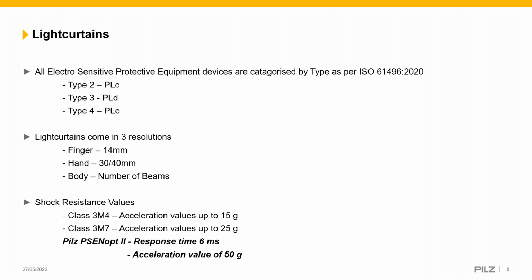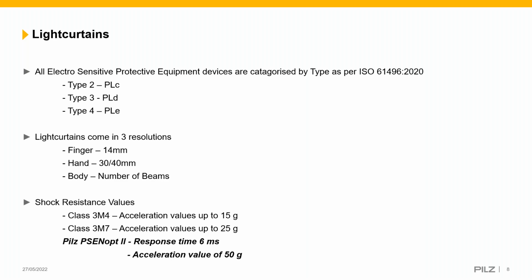Just as a bit of a note, if you're interested, at Pilz, we manufactured the first ever Type 3 light curtain, which is out in the marketplace. So if you do need performance level D, you can purchase a light curtain which is suitable for that level of safety and priced in such a way. So Type 2 devices are the cheapest, Type 4 device is the most expensive, and Type 3 obviously somewhere in between.